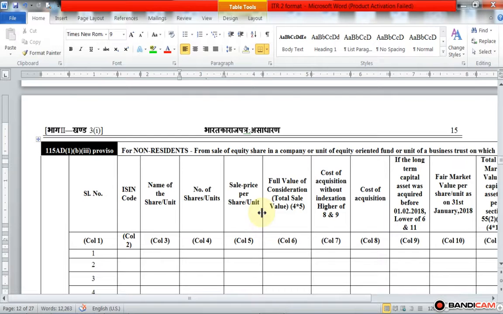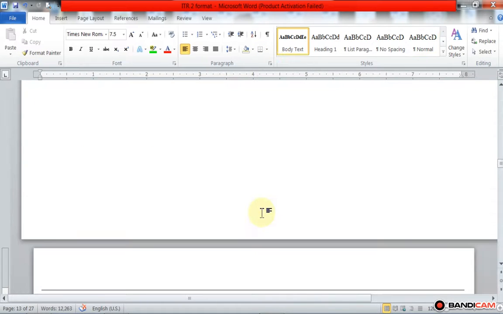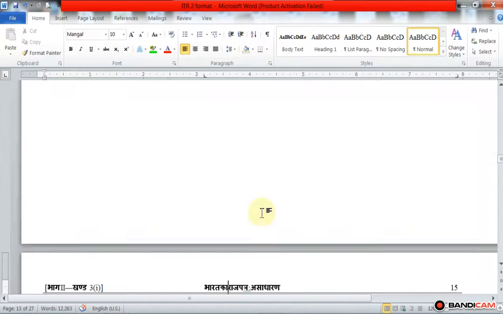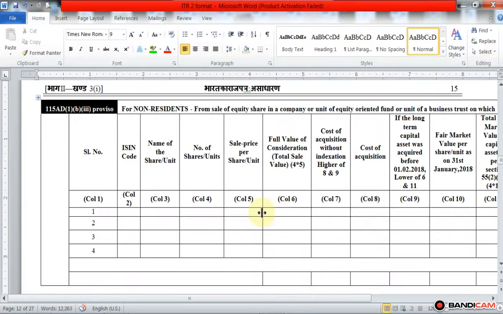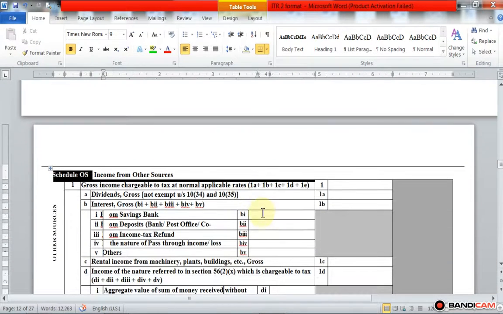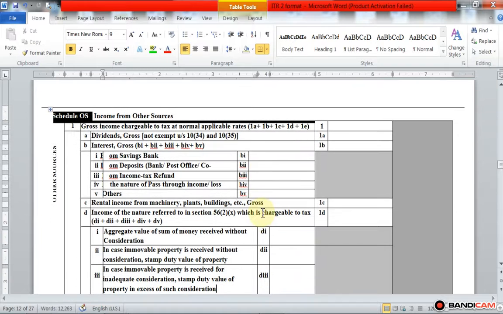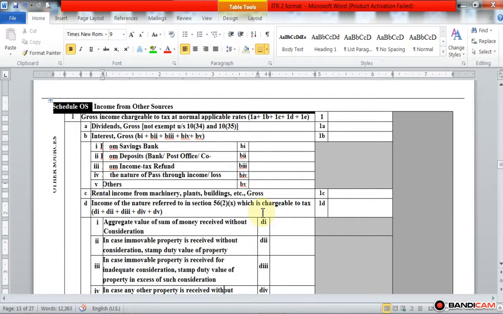So here the non-resident SEC will furnish or fill this form, that is section 115AD subsection 1B3. Then Schedule number OS. OS means income from other sources. So income from other sources is given here.